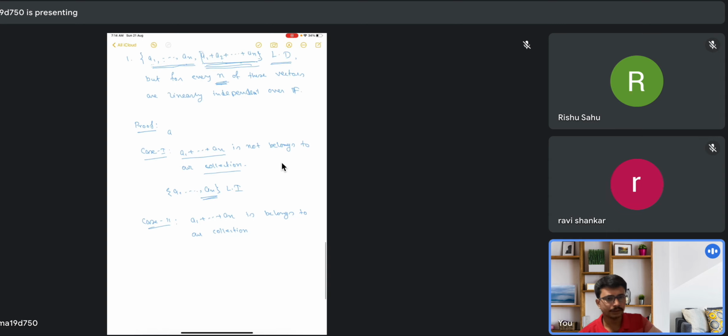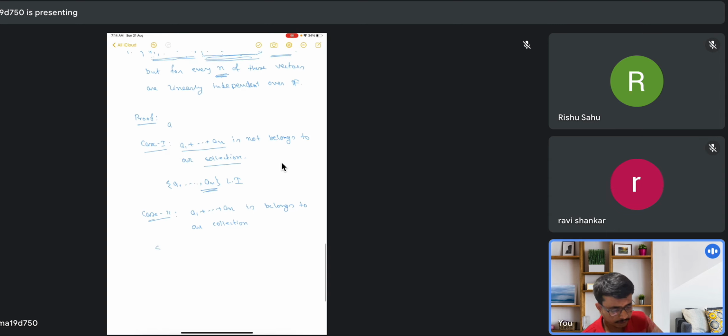Suppose ai is missing, so our collection will be a1 up to ai minus 1, then ai plus 1 up to an, and the sum. You have to prove that this collection is linearly independent, then we are done.